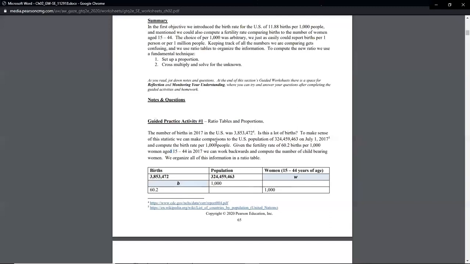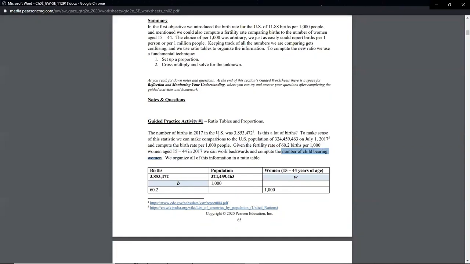So for one of these statistics, they're only looking at the women aged 15 to 44, but they tell us that there's a fertility rate of 60.2 births per 1,000 women. Rates are ratios. We'll be studying them more explicitly in later sections. But what we can do is work backwards and actually compute the number of childbearing women, just given this information and the fact that all these things are proportional values.